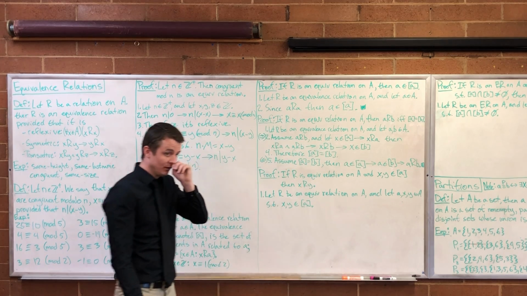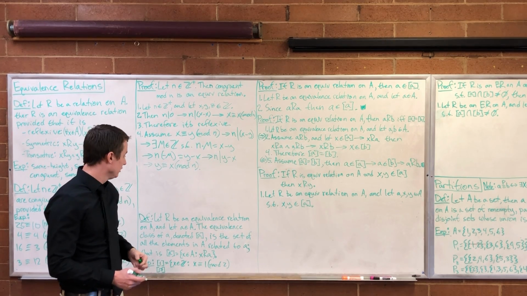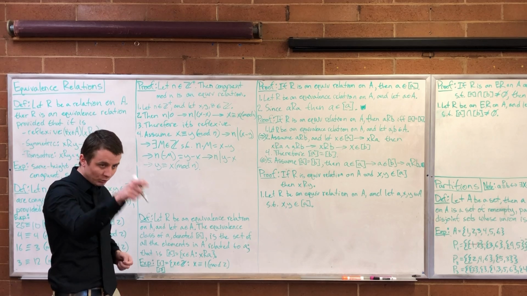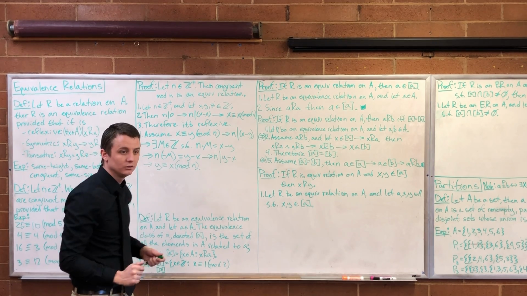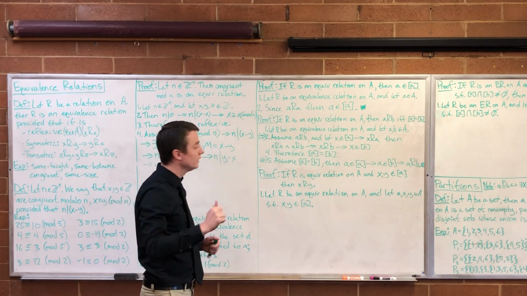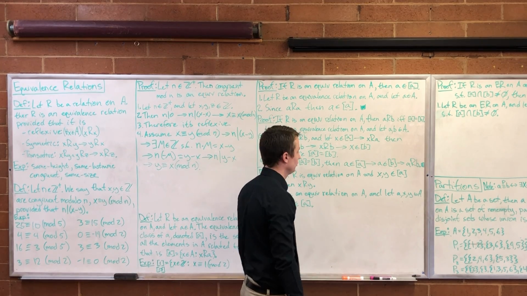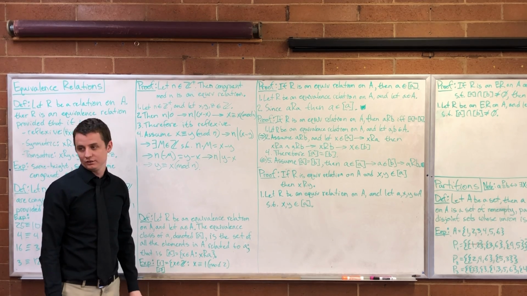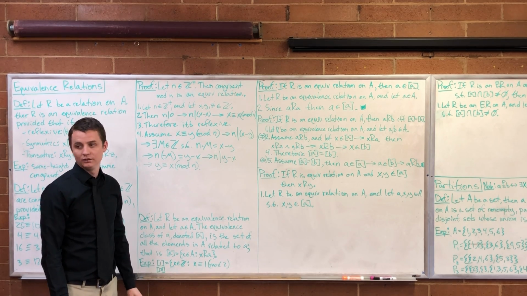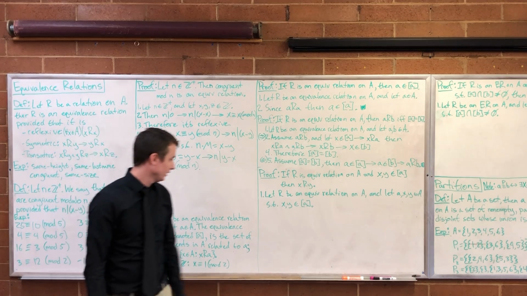When we say that Laura is in the same equivalence class as you, we mean Laura has the same last name as you. She was related to you under the same last name relation. Any other questions? Okay, let's move on.